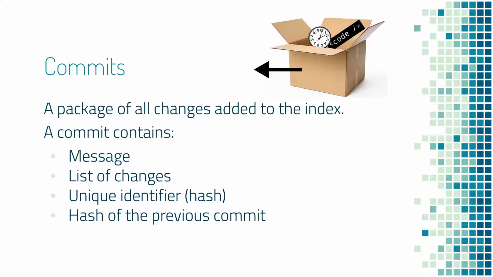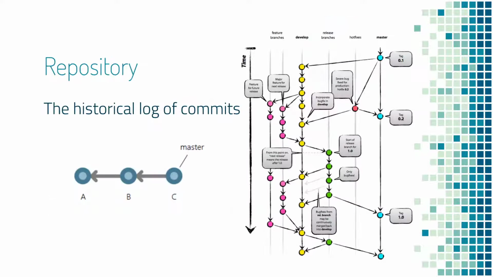And then once you have a bunch of commits, you put them together into what's called a repository. A repository is essentially the entire history of all the changes that have been made to your code. At a very simple level, it can just look like this. You have 3 commits, A, B, and C. Each commit points backwards in time.